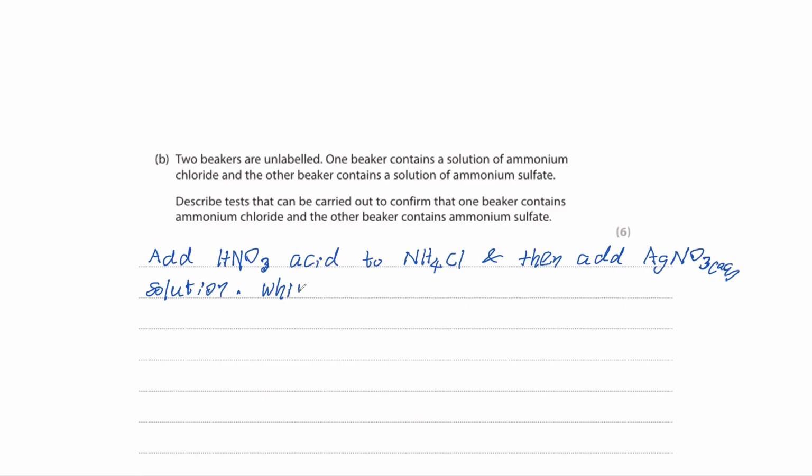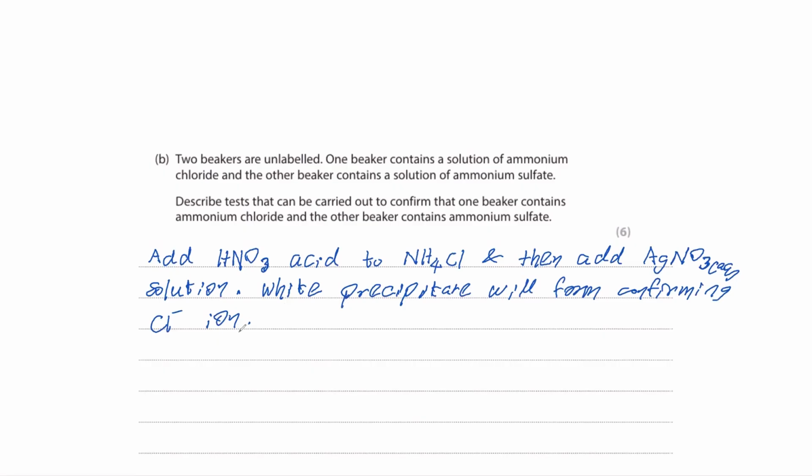White precipitate will form, confirming Cl minus ion, chloride ion. That's how we can identify ammonium chloride.